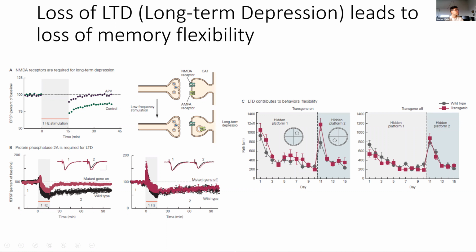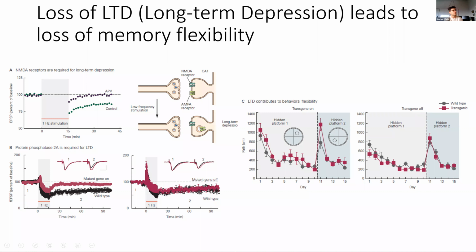So here, for instance, is the learning curve of 2 different mice, the wild type in gray and the transgenic that has the loss of LTD. And you see that they have a very similar learning curve in order to find hidden platform 1. But then when you suddenly move the platform here, you have more instances of the animal going to the original location than you do in the wild type. So the wild type here is learning more quickly.